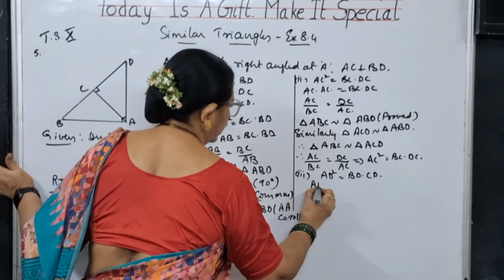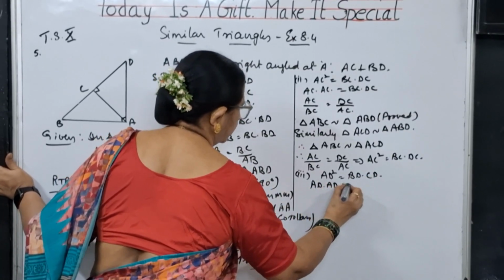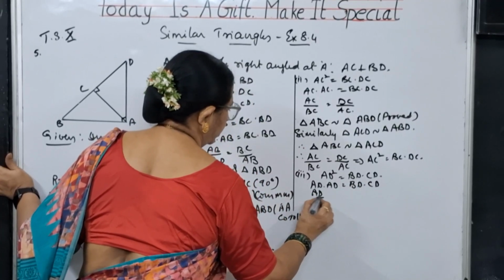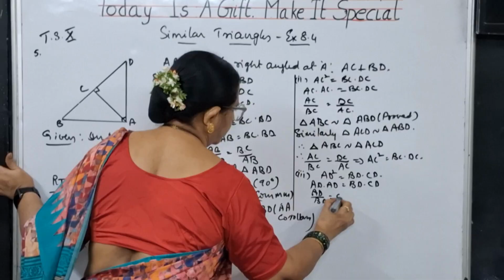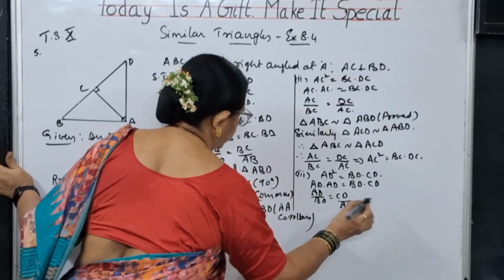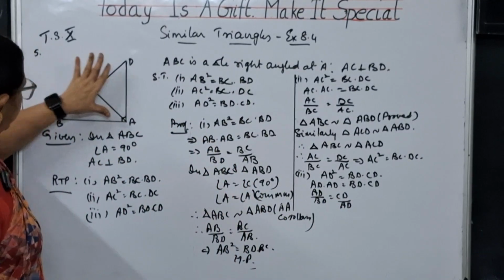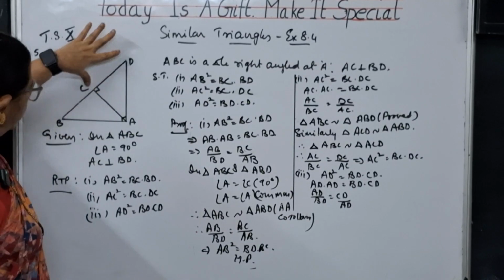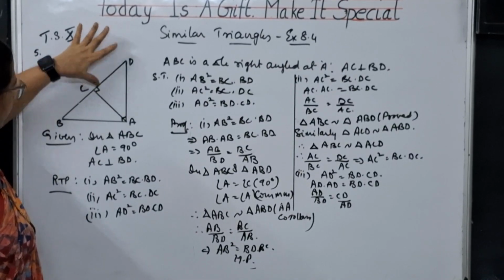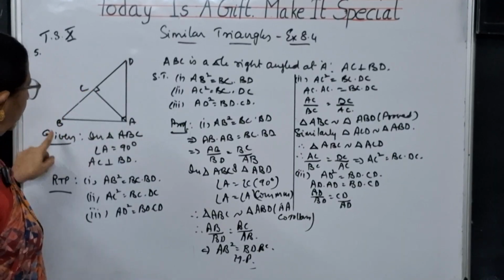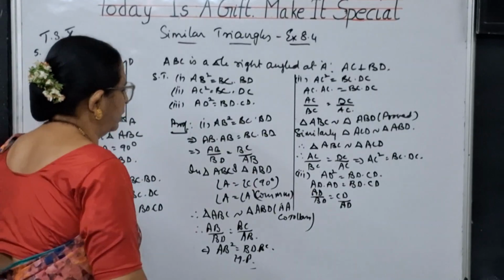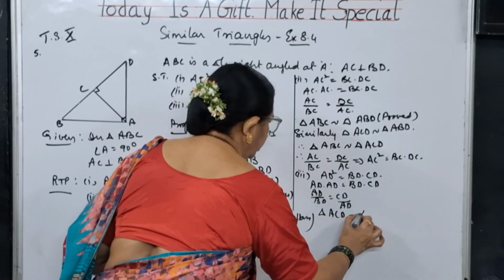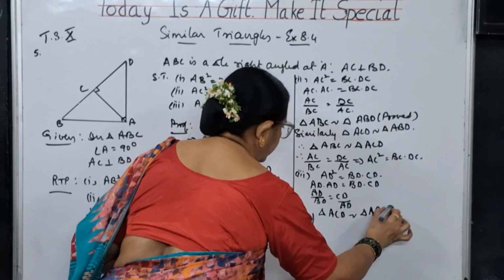That means AD into AD is equal to BD into CD. That is AD by BD is equal to CD by AD. That means this triangle and the original triangle. We have already said that triangle ACD is similar to triangle ABC.